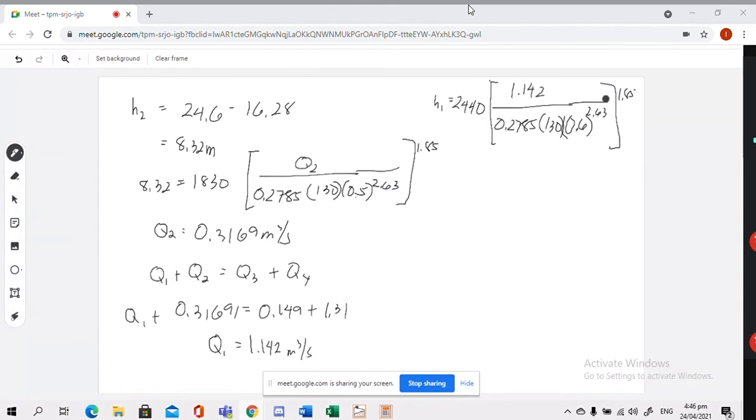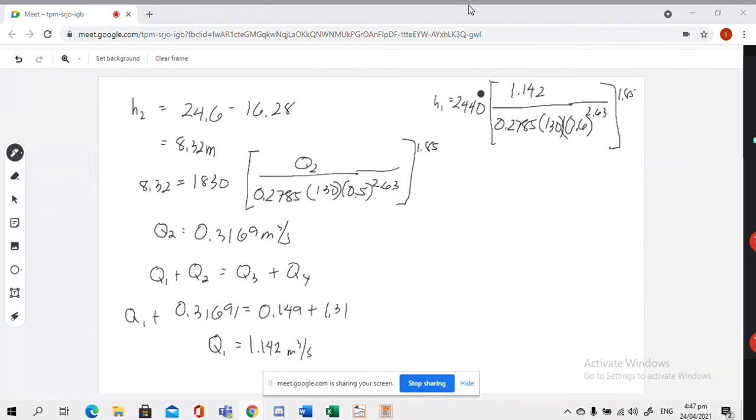Okay, so kuha na itong head loss 1: 2,440 times 1.142 over 0.2785 times 130 times 0.6 to the 2.63, to the 1.85.